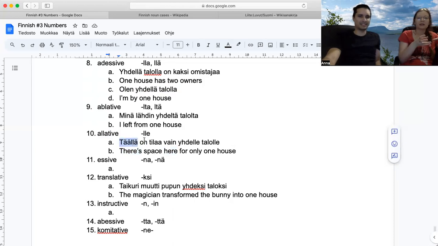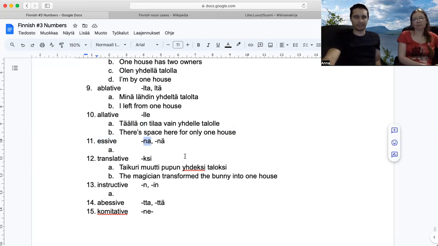In English you always have to mention there is and the place actually, but in Finnish you can just mention täällä. Täällä on, there is tilaa, space, vain, only. Then yhdelle talolle, this le in this case means for something, for one house, yhdelle talolle.